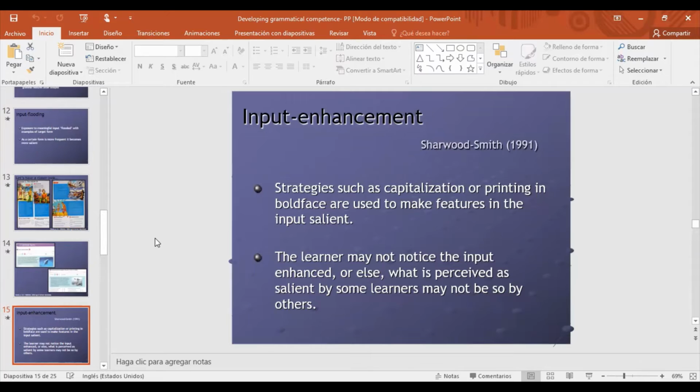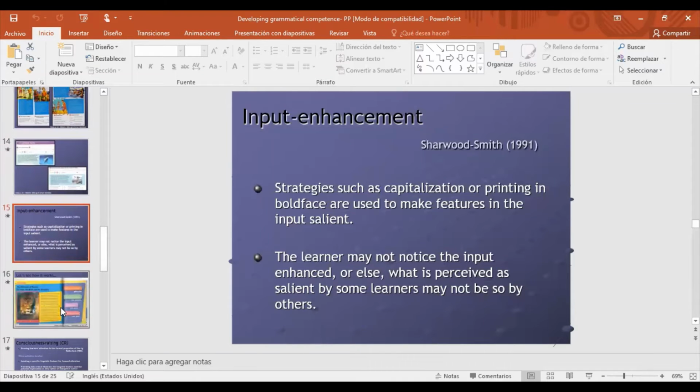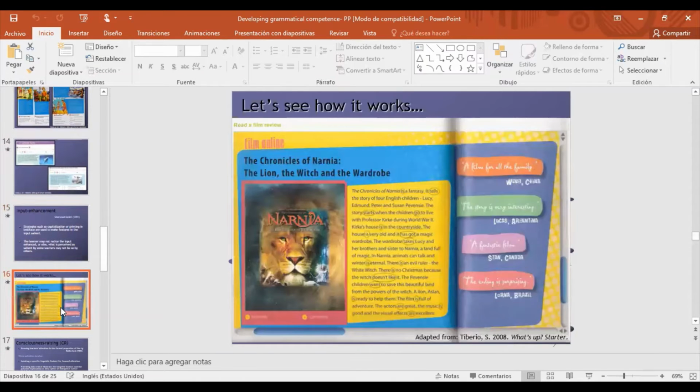So the idea with this input enhancement technique is that there is some kind of attention that we are forcing students to pay attention to. It came out horrible, but that's more or less the idea.